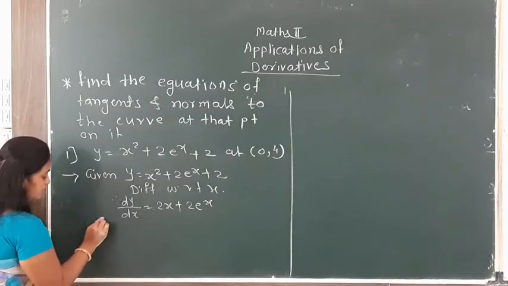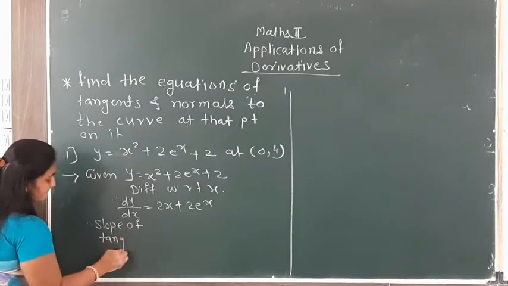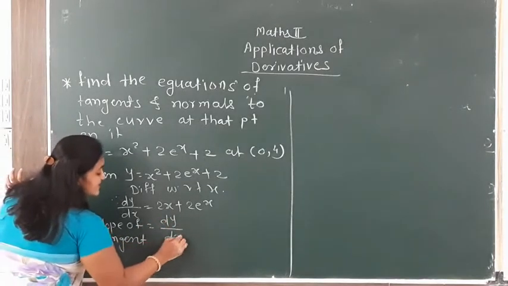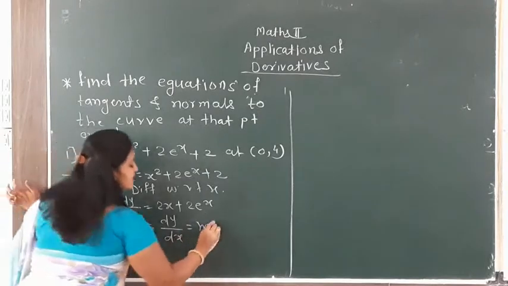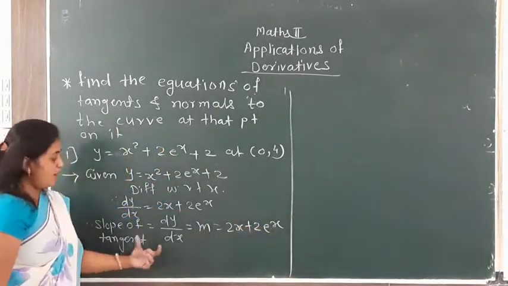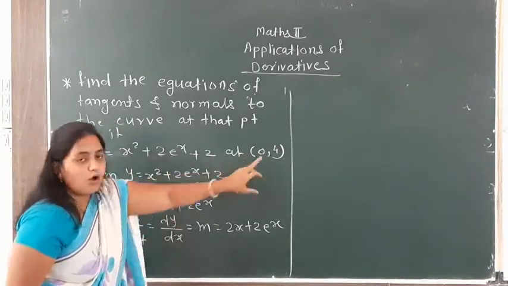Now, the slope of the tangent is equal to dy by dx, so we consider m is equal to 2x plus 2e raised to x. Now, I want the value of dy by dx at point 0, 4.